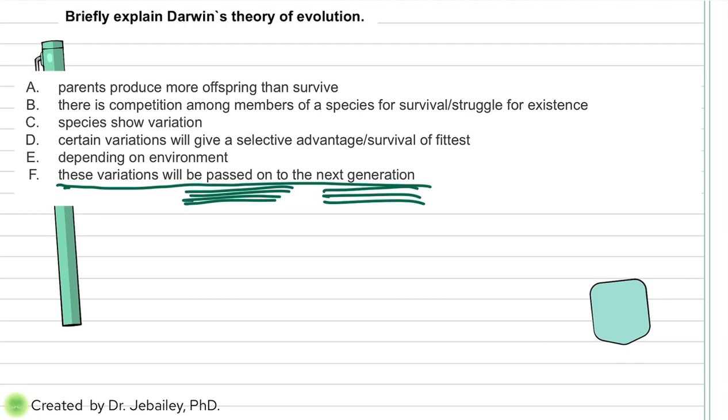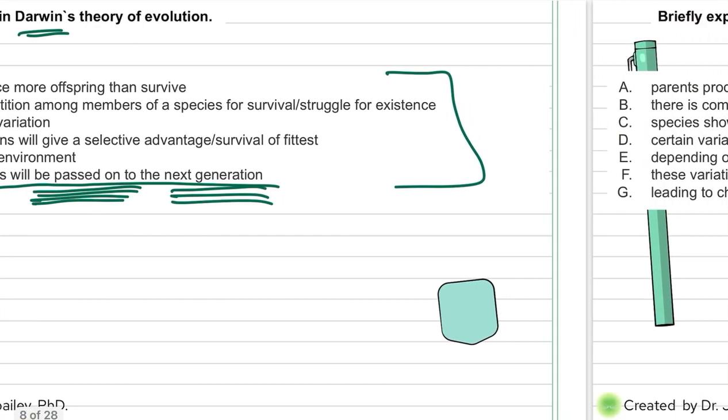This is the theory of evolution of Darwin. This is a concise mark scheme that nails the points every single time. So make sure to mention the variations, the competition, the survival of the fittest, and all the other key points.